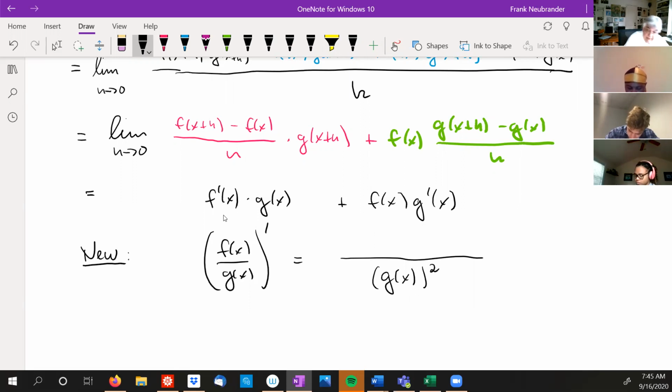So you square the bottom. And the top is the same as the product rule, except you have a minus. It's the derivative of the top times the bottom minus the top times the derivative of the bottom.